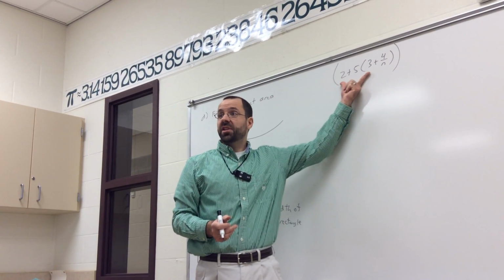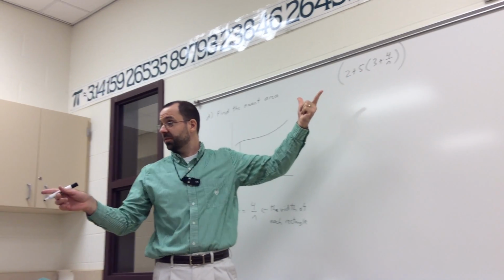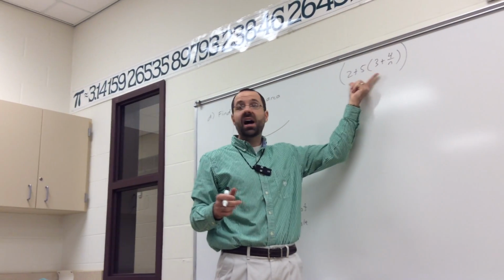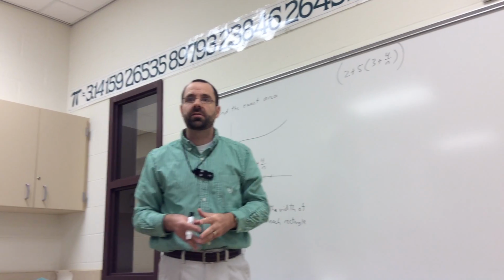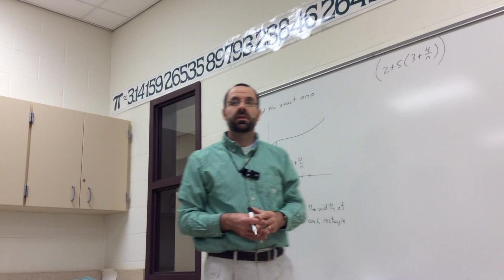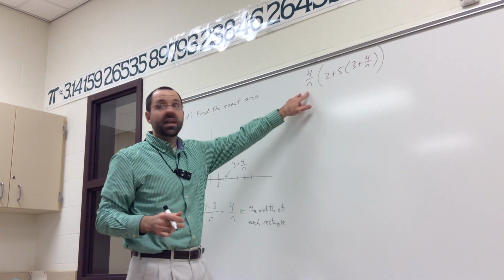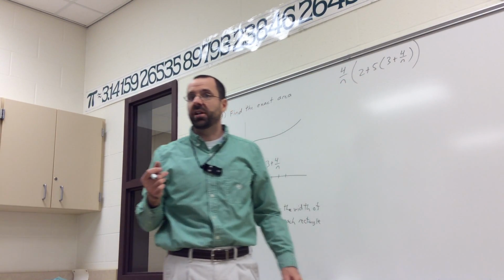So what does this represent? The height of the very first rectangle, right? What's the width of the first rectangle? 4 over n. So if I multiply this by 4 over n, then I have the width times the height. So this whole mess here is the area of rectangle number 1.